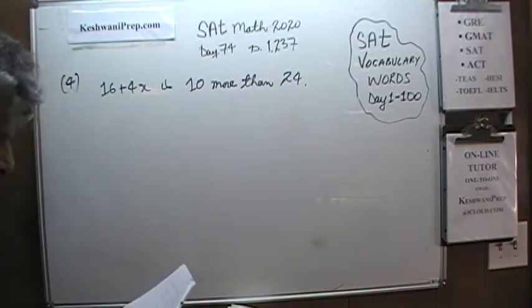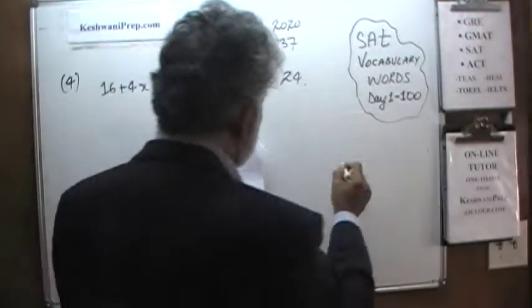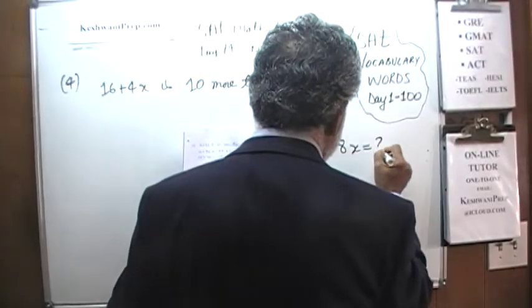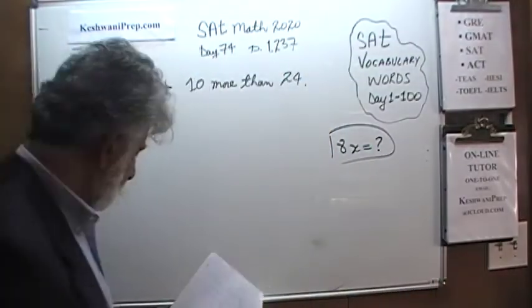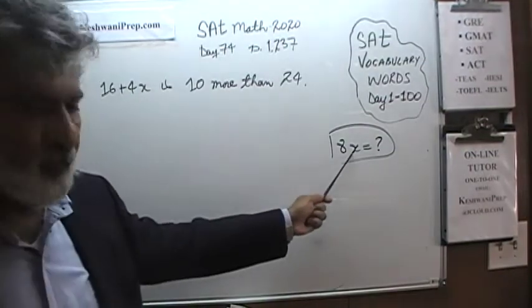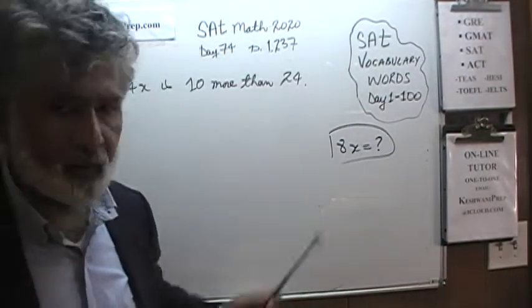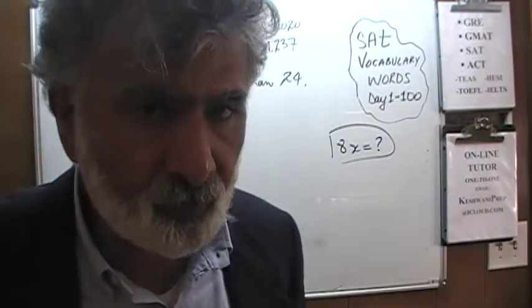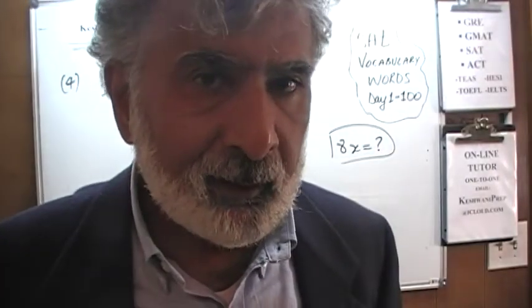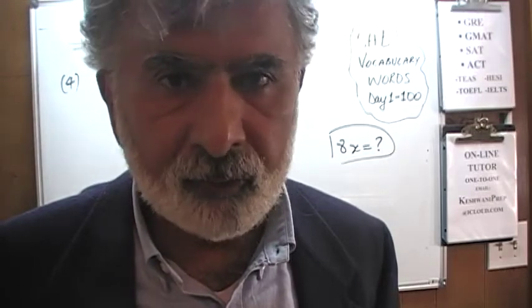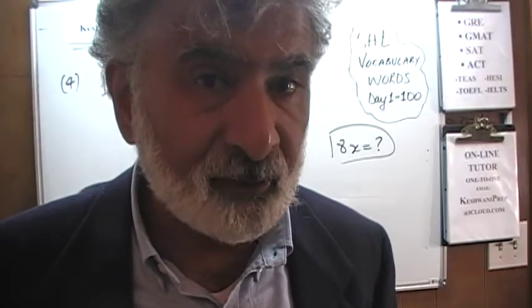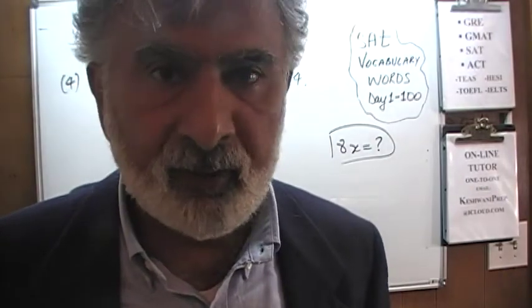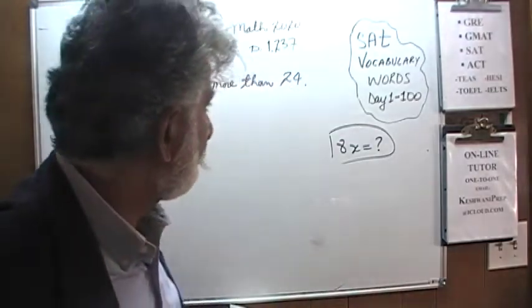The question simply is, how much is 8x? Keep that in mind. They're not looking for the value of x. They're asking us how much is 8 times x. Because I guarantee you that the value of x is also going to be one of the answer choices. And that's for those people who are being careless, who don't pay attention to what is being asked. We're being asked here what is 8 times x. Let's find out, shall we?